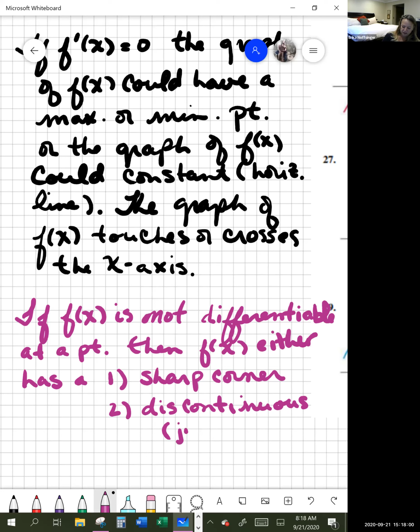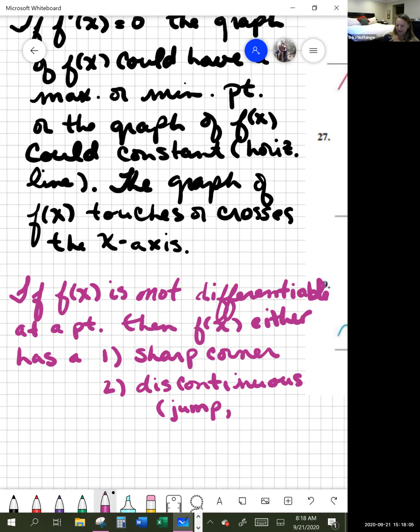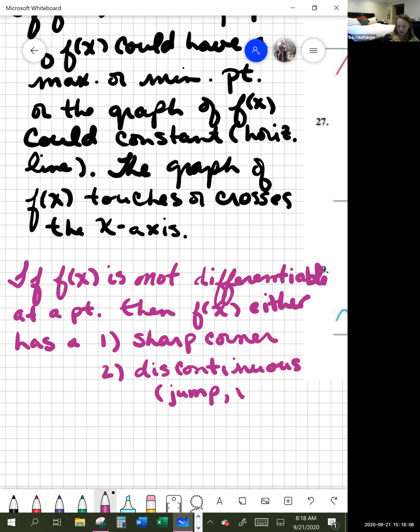We saw things were discontinuous when there was a jump in the graph or there was a vertical asymptote.